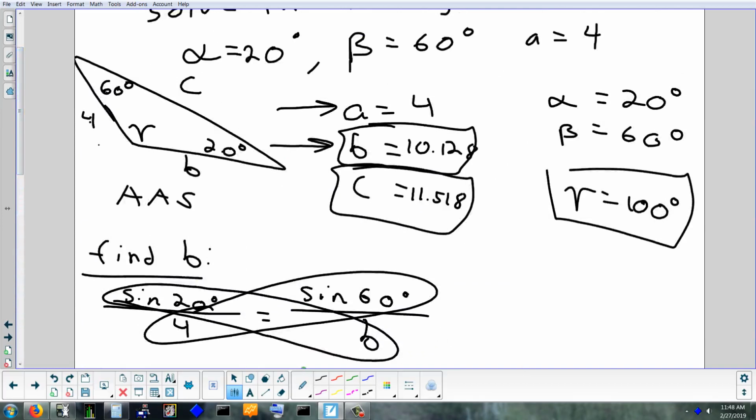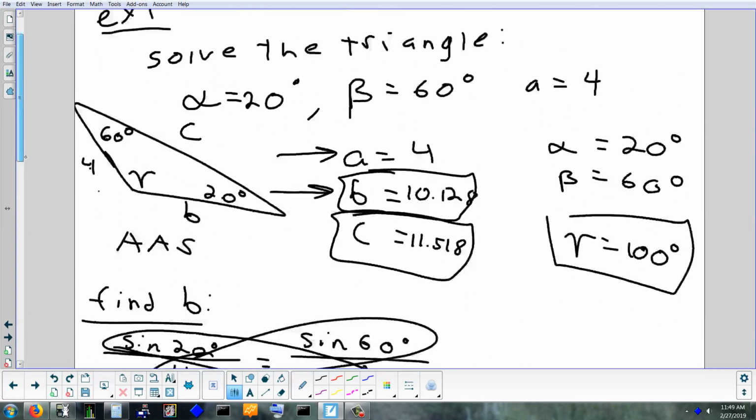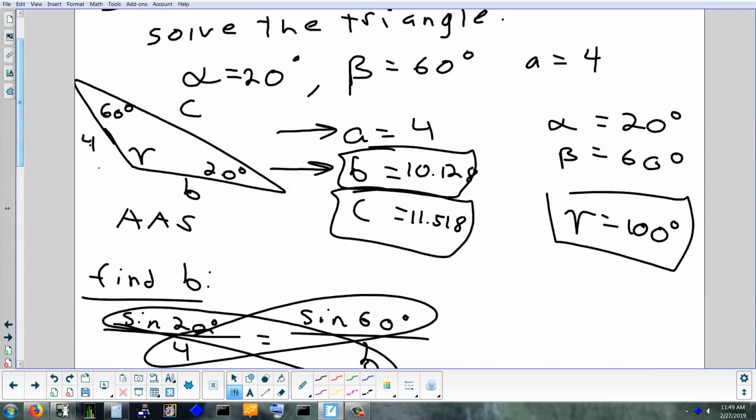Yeah, we'll just go with 3. Okay, what I usually do is just make sure the biggest side is with the biggest angle. Smallest side is with the smallest angle. Doesn't mean you got everything right, but if that doesn't happen, then something's definitely wrong. Okay. And that's a law of sines problem.